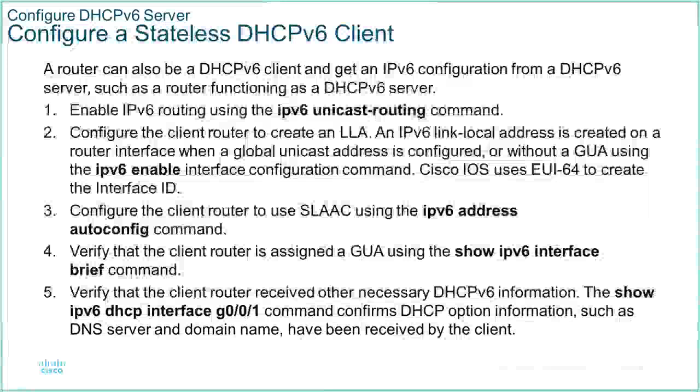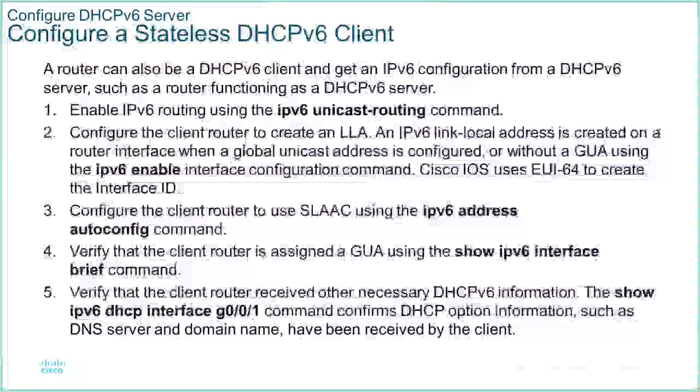If we want the router to use SLAAC, we use the IPv6 address autoconfig command. We verify the settings using the show ipv6 interface brief command, and we can verify the messages being received with the show ipv6 dhcp interface command, specifying the interface that we want to see the messages for.